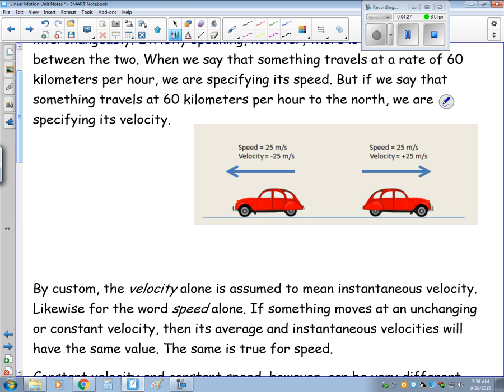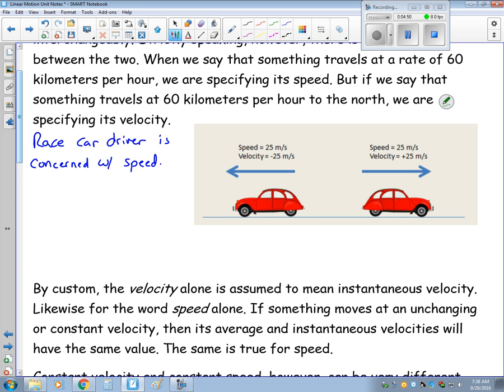So, a race car driver is concerned with speed. How fast am I going?